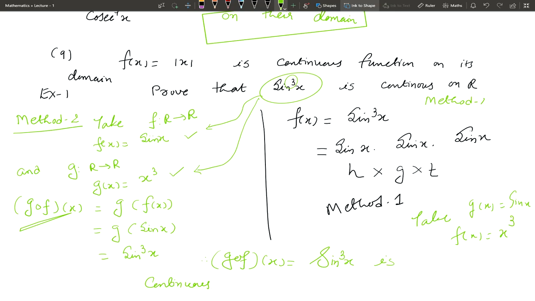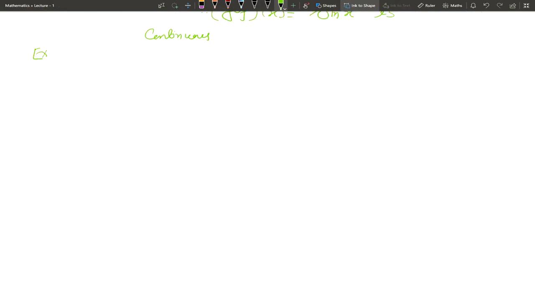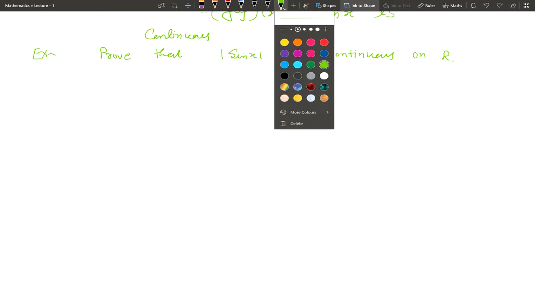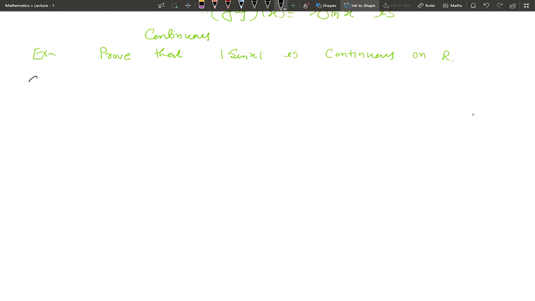We take another example. Prove that mod sin x is continuous on R. Solution. Let us define two functions.